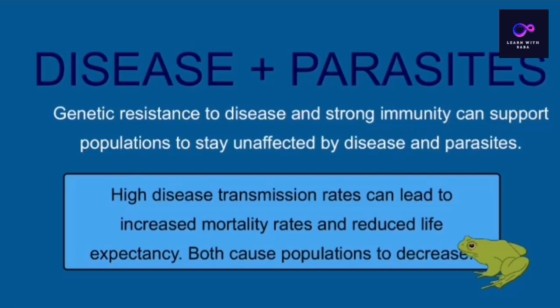Same as in plants, diseases attack specific crops, and those species that tolerate the disease survive while the others decline, which causes the population decrease of that specific species.